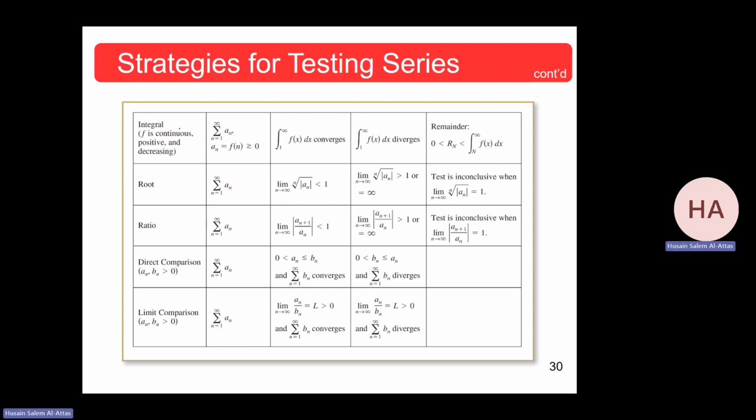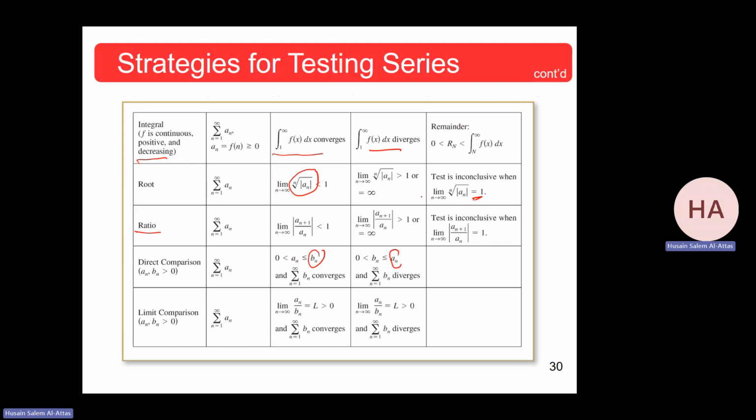Alternating series, where b_n is positive. This is the form where I need to check the limit is equal to 0 and it's decreasing, then right away it will converge. We also have the remainder estimation for it. Integral test: if it's continuous, positive, and decreasing, then I check the integral. If the integral converges, then the series converges. If the integral diverges, then it diverges. The root test, I need to check less than 1 or greater than 1. Be careful if it equals 1; the test is inconclusive, and the same thing for the ratio test. Direct comparison: if the bigger converges, then the smaller will converge.